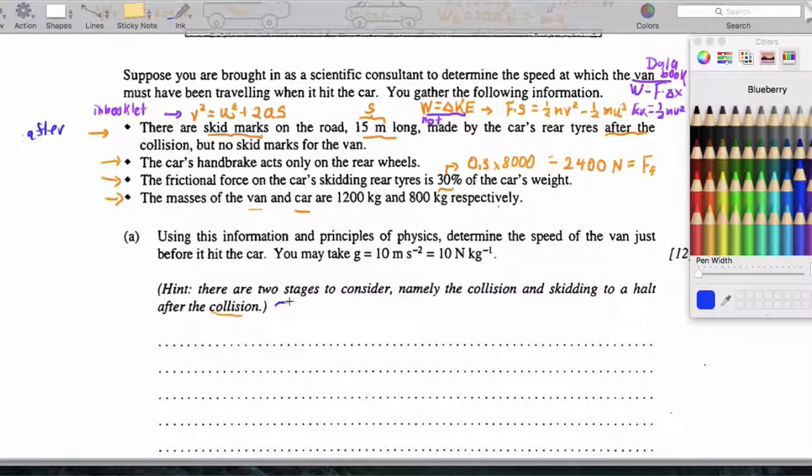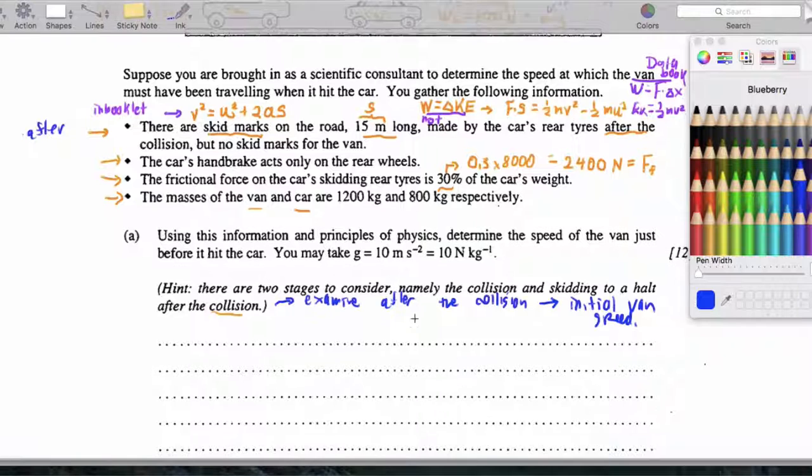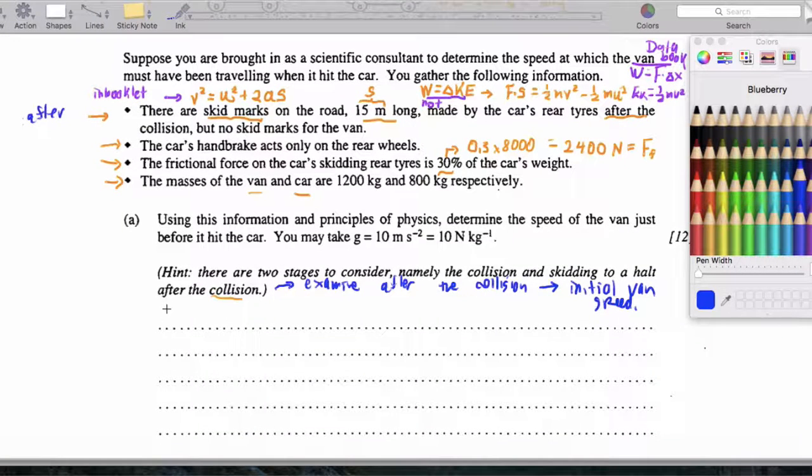My strategy is to examine after the collision and then work to get the initial van speed.